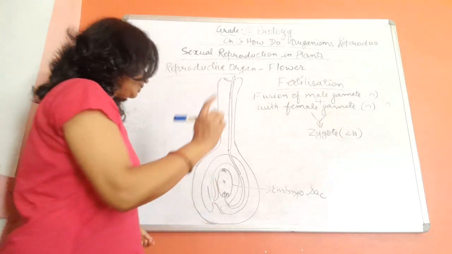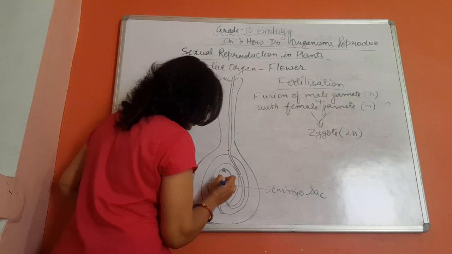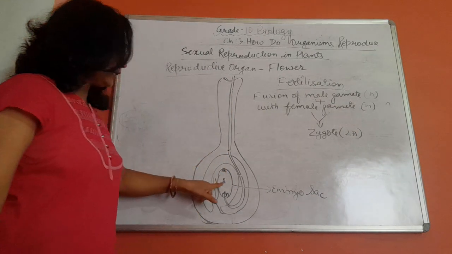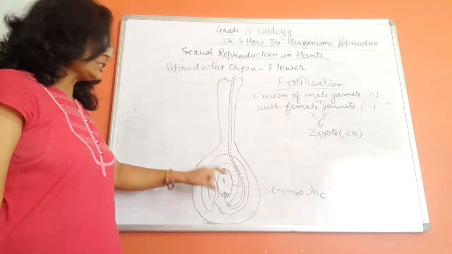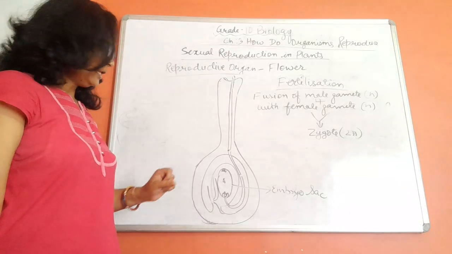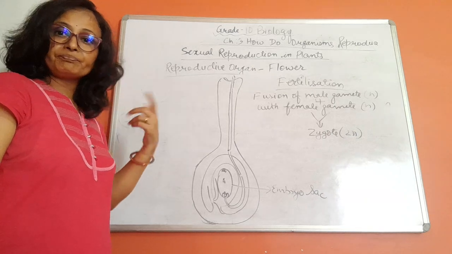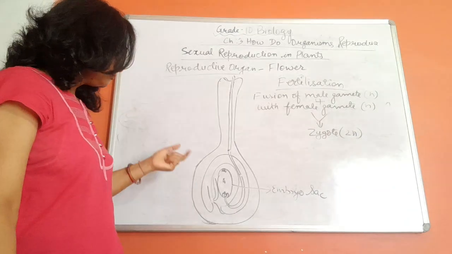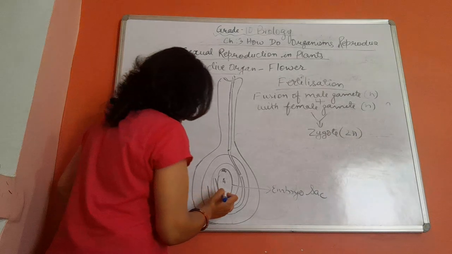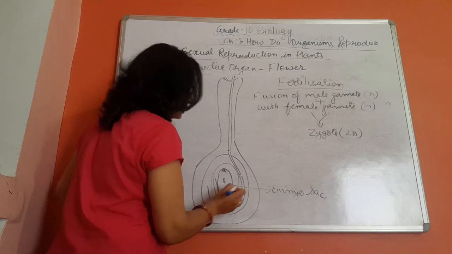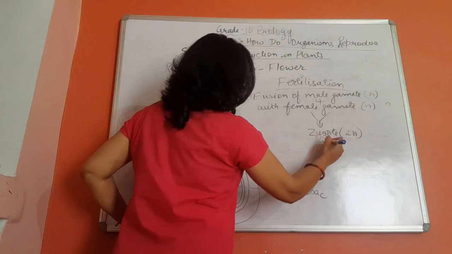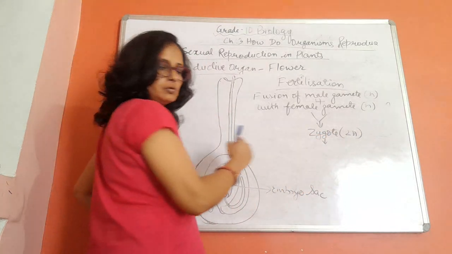Clear? Now there is one more male gamete that enters here and fuses with the polar nuclei and forms a triploid. Okay? Later on, this triploid forms the endosperm of a seed. Clear?